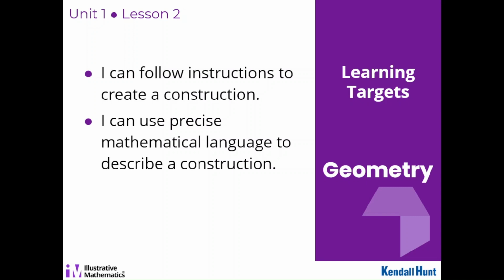You want to be able to refer to points on the circle. You want to be sure to use terms like radius. You want to use proper naming for line segments. Remember, it is named by the end points of the entire line segment that you're talking about.